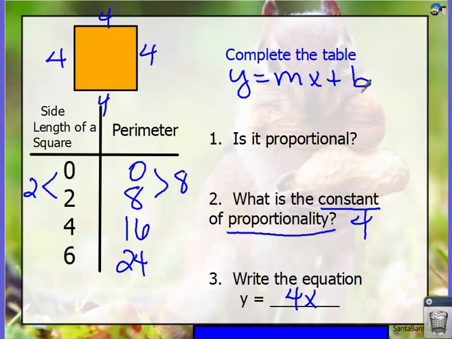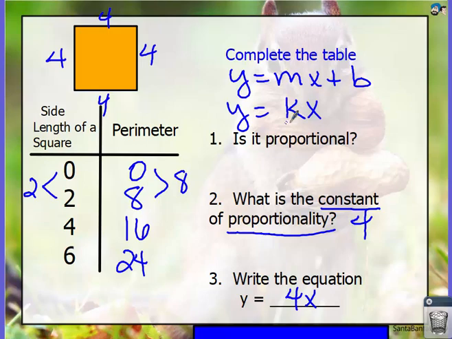In a proportional situation, our y-intercept is always going to be 0 because proportionality requires us to include the origin. So in a T-chart, it must have 0, 0. In a graph, it must go through the origin. In an equation, our y-intercept will be 0. So the only thing that we're going to have is a slope. When we talk about direct variation, our m changes to a k in kx, where k stands for the constant of proportionality, or the constant of variation.